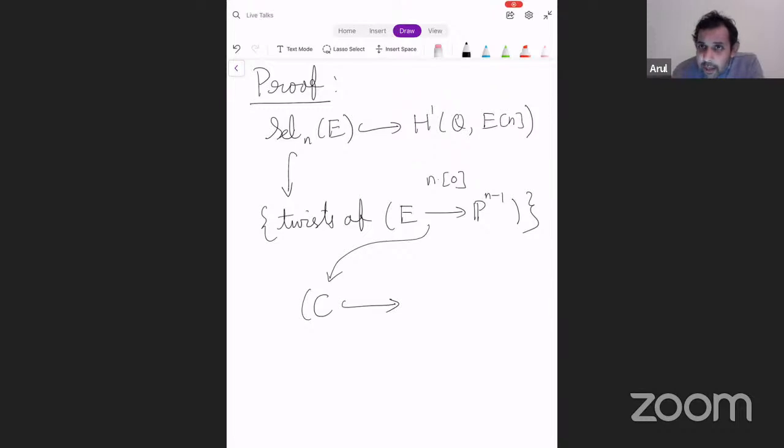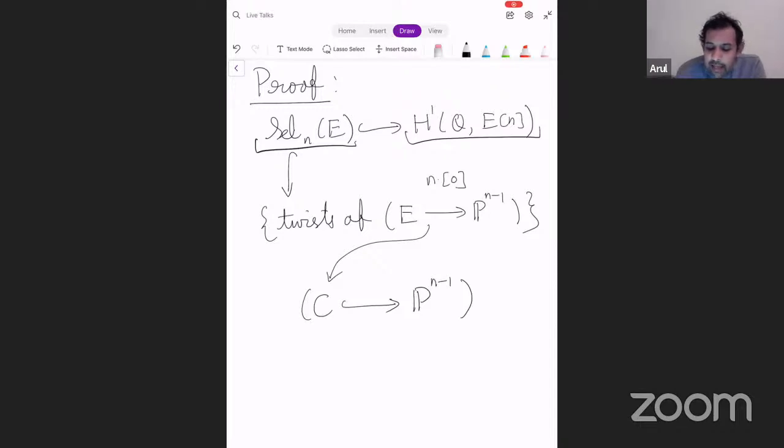A twist of E inside P^(n-1) is simply going to be a pair, C embedding inside what is potentially a twist of P^(n-1). But it turns out that to sit inside the n-Selmer group and not merely inside this cohomology group, this curve must have points everywhere locally, which means the thing it maps into has points everywhere locally as well. And by the local-global principle for quadratic forms, what that implies is that C also sits inside P^(n-1).